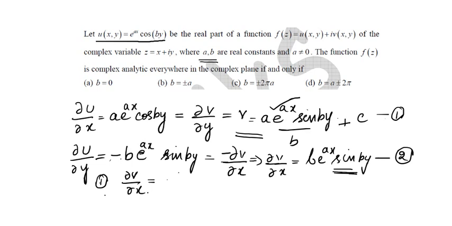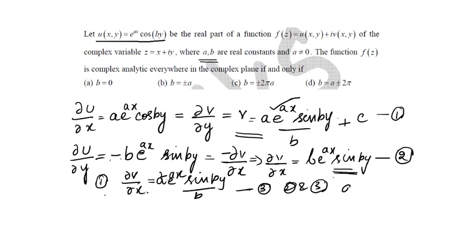What we get is a square e power ax sin by by b. So equating equation 2 and 3, you can see here sin by gets cancelled, e power ax gets cancelled. So what we get is a square equal to b square. So we can write the relation b equal to plus or minus a. So this is the relation between b and a.